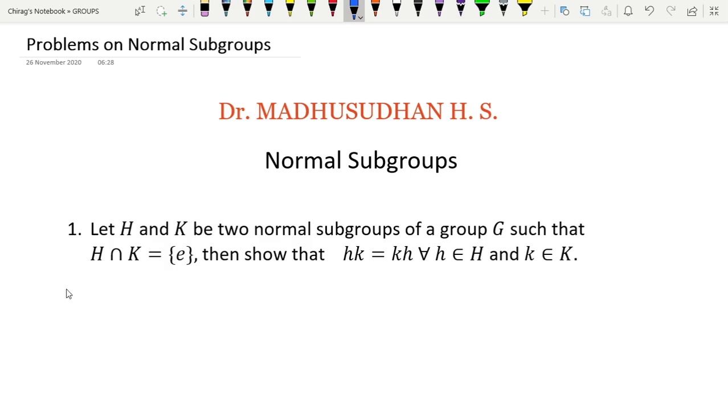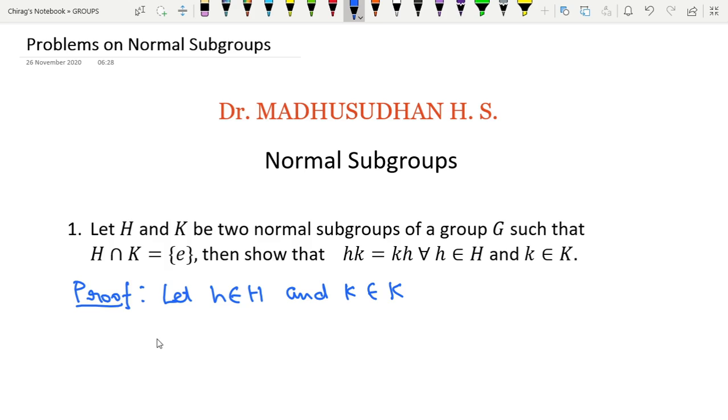Okay, now the proof. Let h belong to H and k belong to K. We are taking arbitrary elements belonging to capital H and capital K. Now we have to show that hk is equal to kh, right?